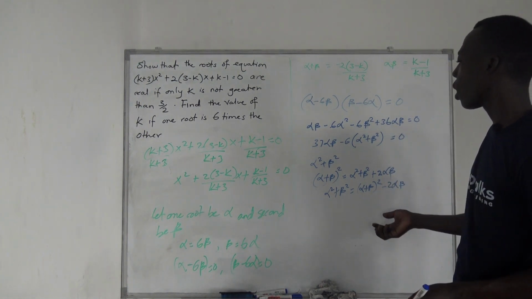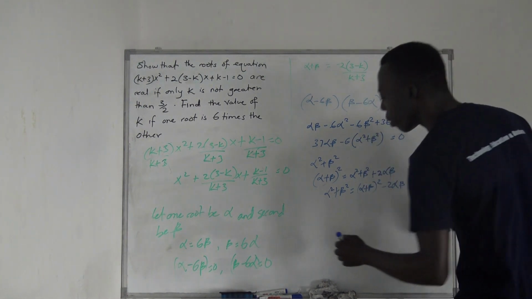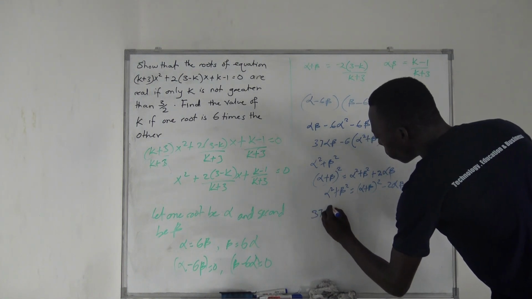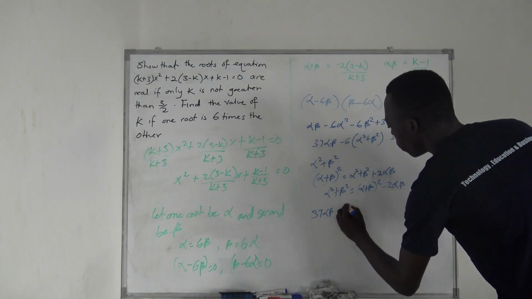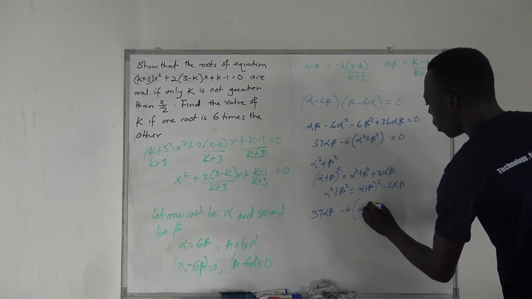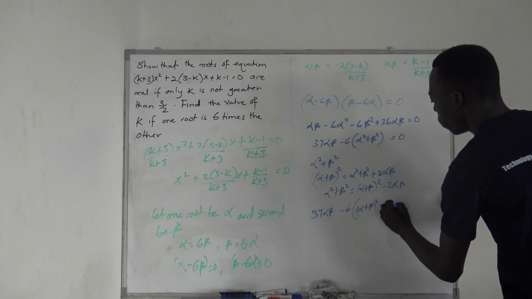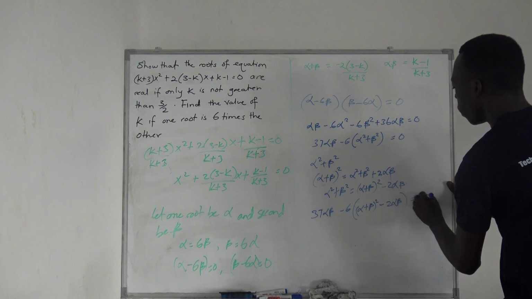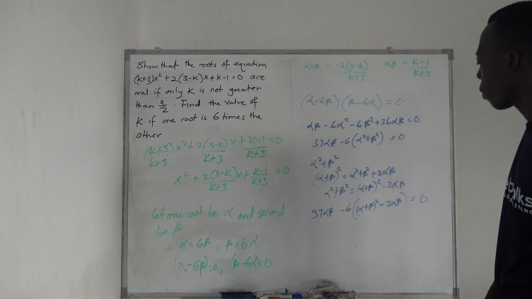That's what we shall have by substituting in this one. We shall have 37 alpha beta minus 6 into alpha plus beta, the whole thing squared, minus 2 alpha beta, which will give us a 0.